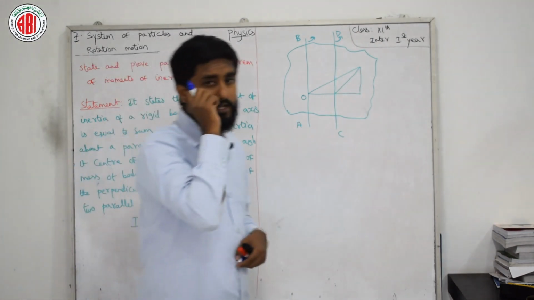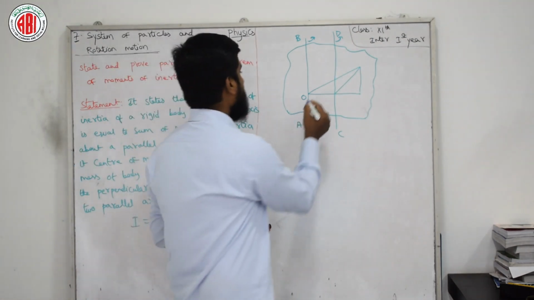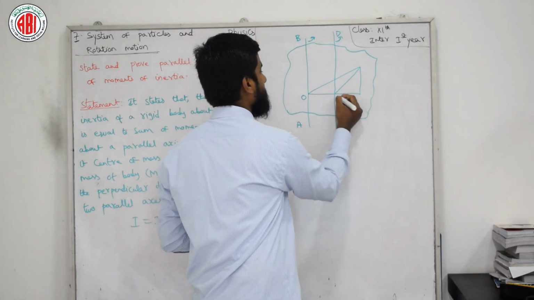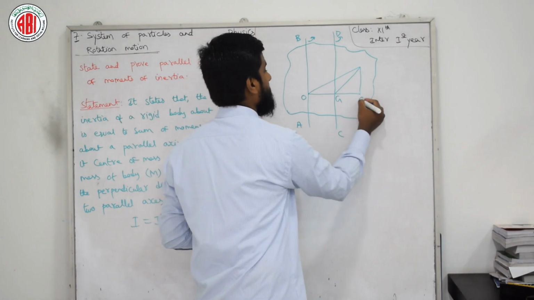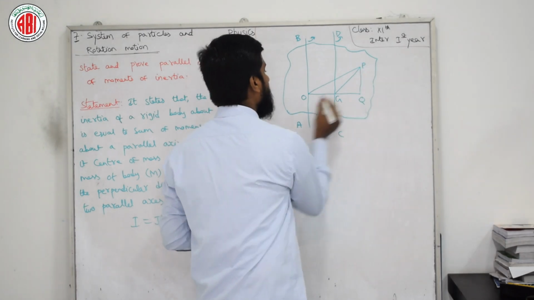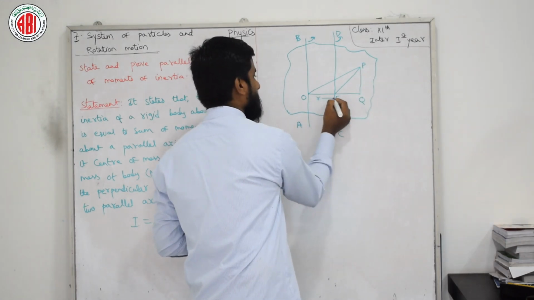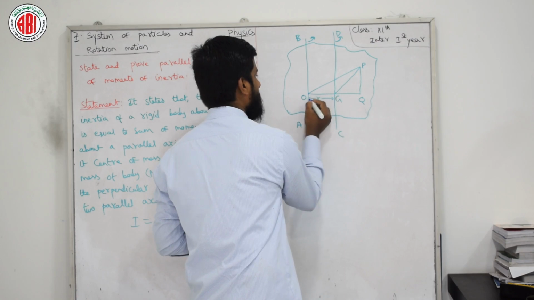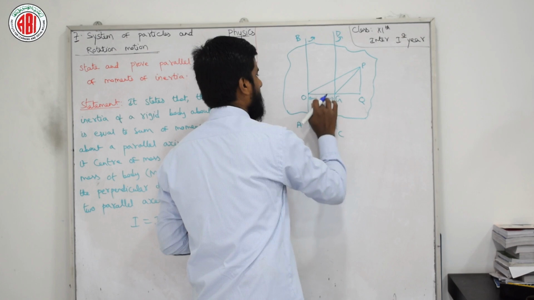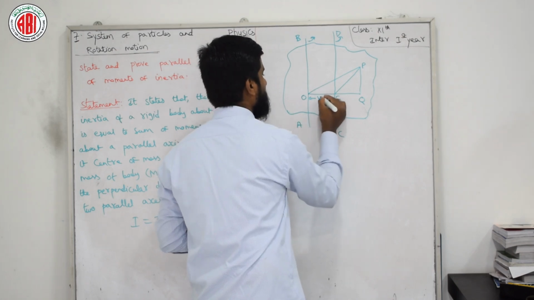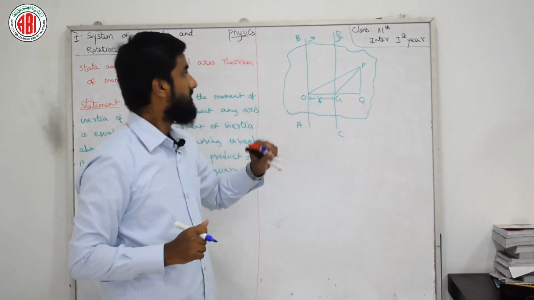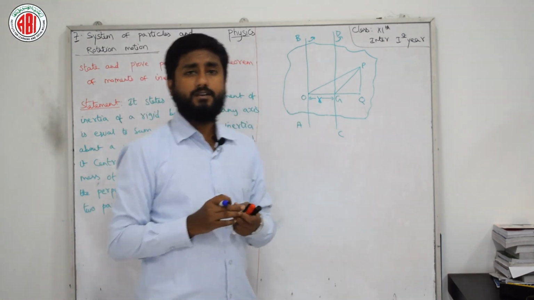I am naming it G. What is G here? G is nothing but the center of mass, and this is Q, this is P, whereas here I am considering this as R. Hope you can see this green marker. It may look somewhat light, but you can clearly see because I put the ink just now, so it is dark. So this is a diagrammatic representation.